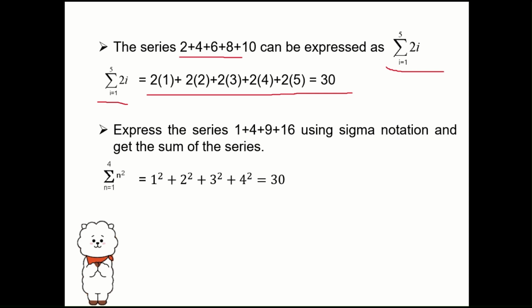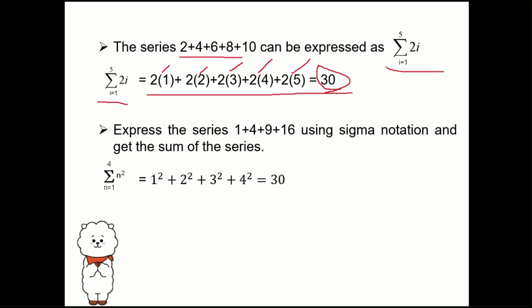And then in order to identify that, we substitute it one by one. That is 2 times 1, since i starts from 1, then plus 2 times 2 plus 2 times 3 plus 2 times 4 plus 2 times 5, and we get 30 as the sum. And that's how we solve that.